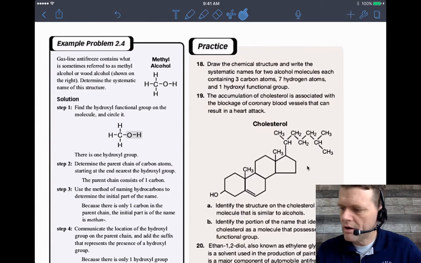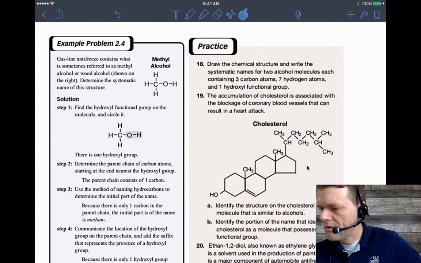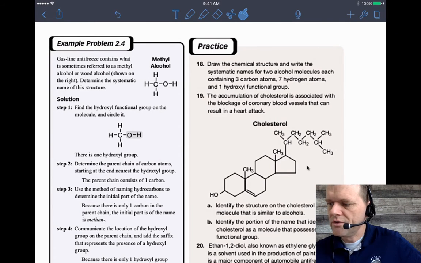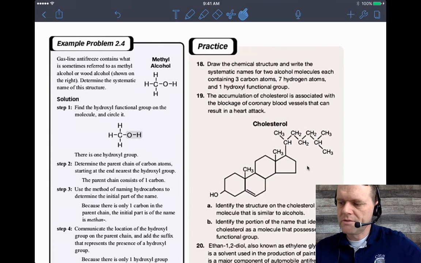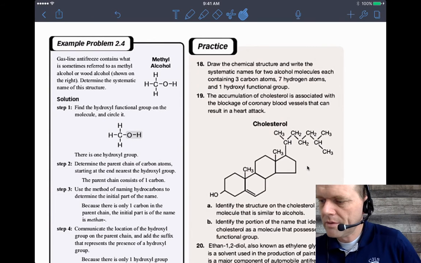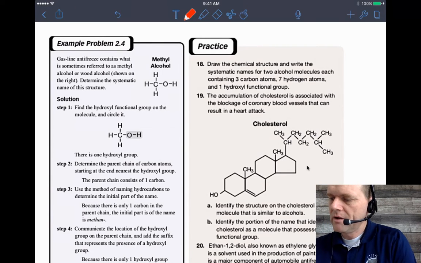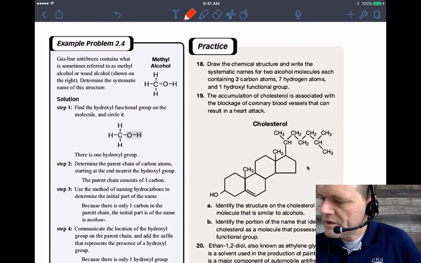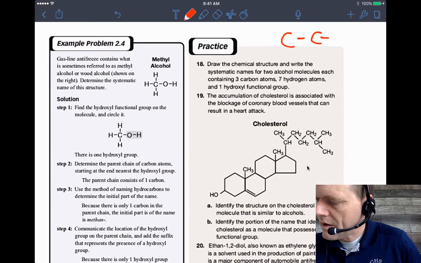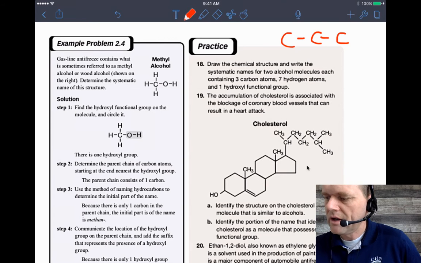All right, let's quickly look at question number 18. It says draw the chemical structure for 2 alcohol molecules with 3 carbon atoms and 1 hydroxyl group. We've kind of already done that, but I'll sketch it up here. You need 3 carbons, so they'd all be connected like this.